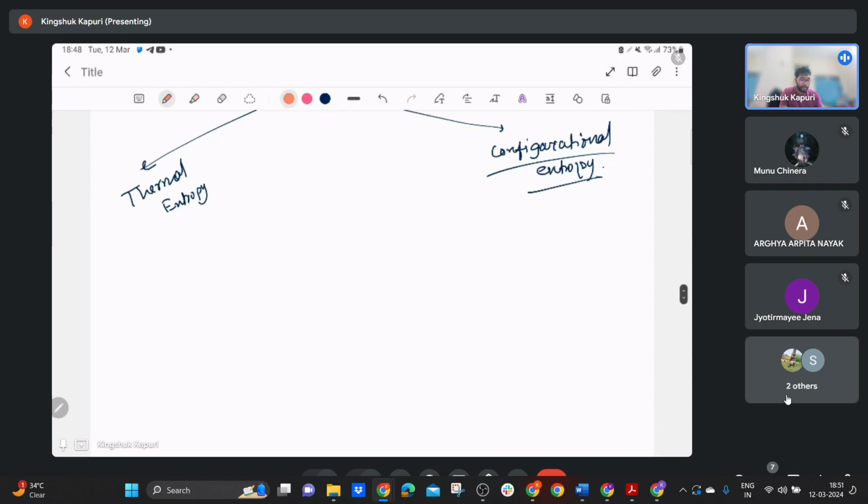Or let's take a very basic example. Let's say this is a cross section of a rhombus, right? Suppose there is an atom here at this place.